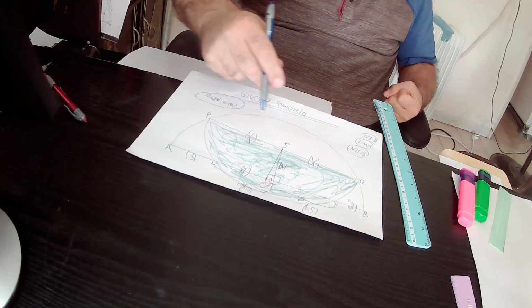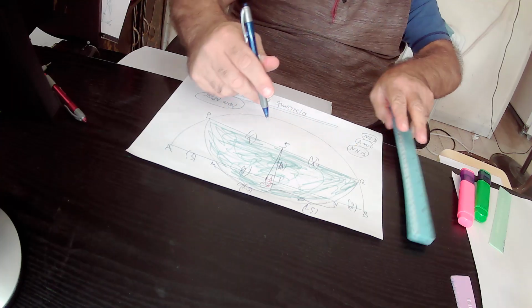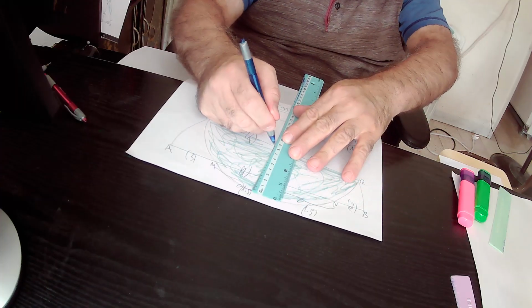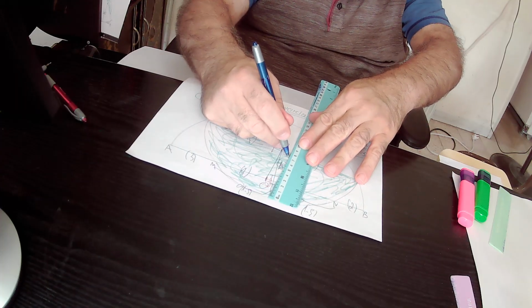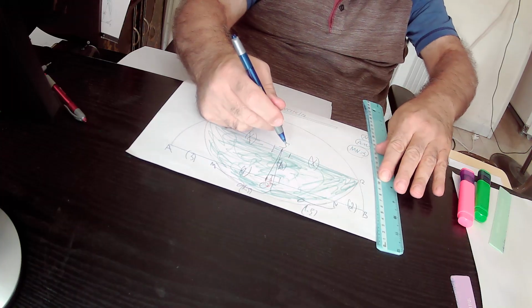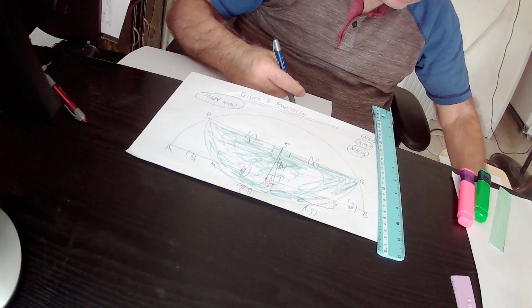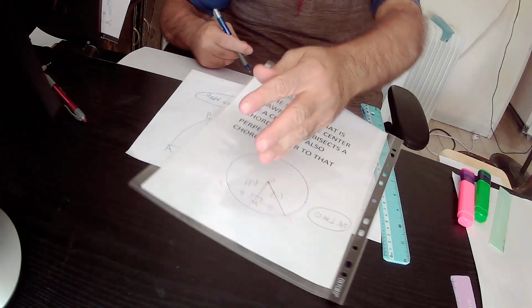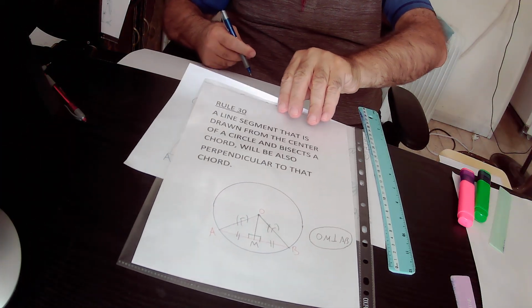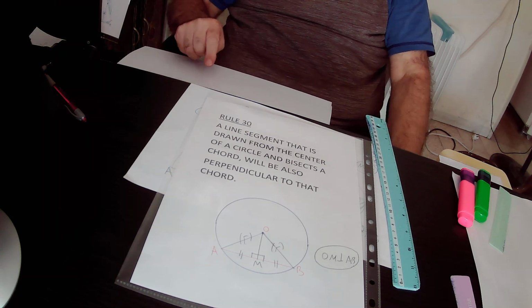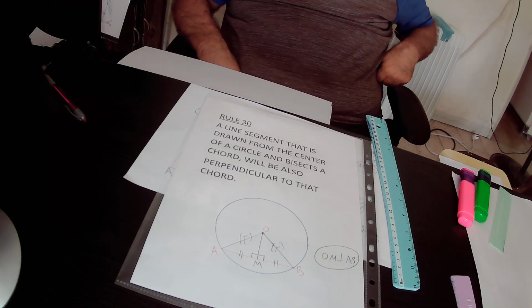If OS is perpendicular to PQ, this angle equals 90 degrees, and this angle also equals 90 degrees, according to rule 30. According to rule 30, a line segment that is drawn from the center of the circle and bisects the chord will also be perpendicular to that chord.